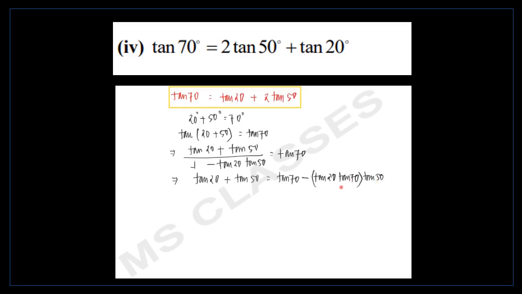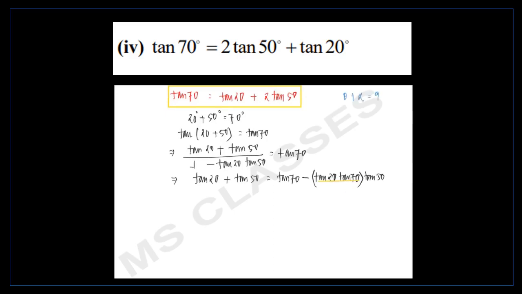Now here what will happen? Observe carefully. Whenever you have theta plus alpha equal to 90, just do this: alpha equals 90 minus theta. Keep this in mind. Now tan alpha equals tan of 90 minus theta, that is cot theta, and that is 1 by tan theta.